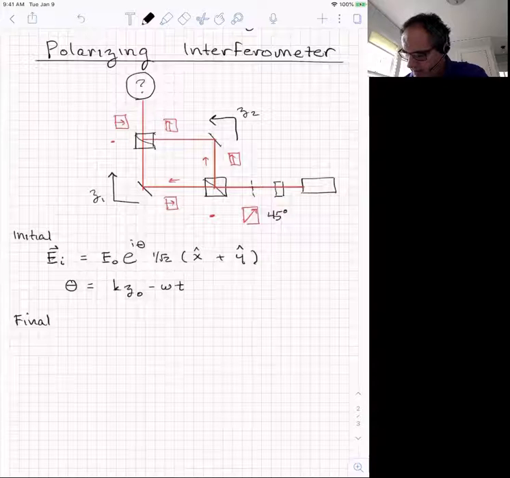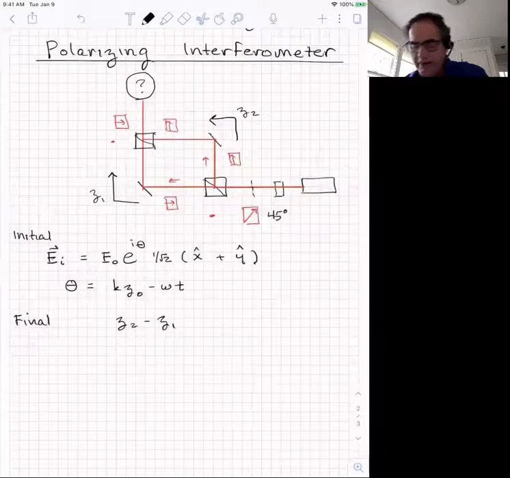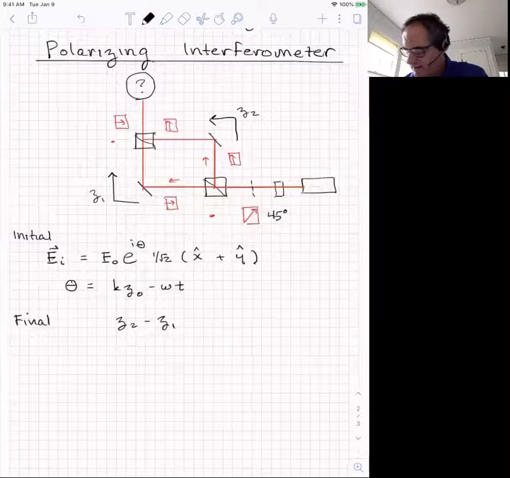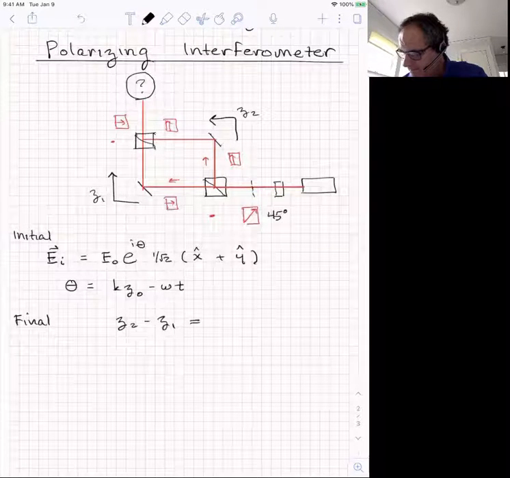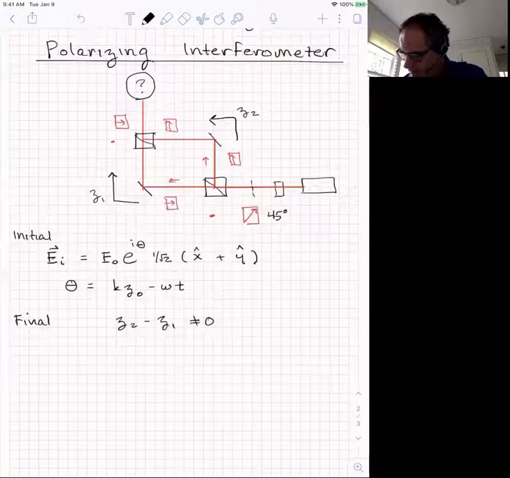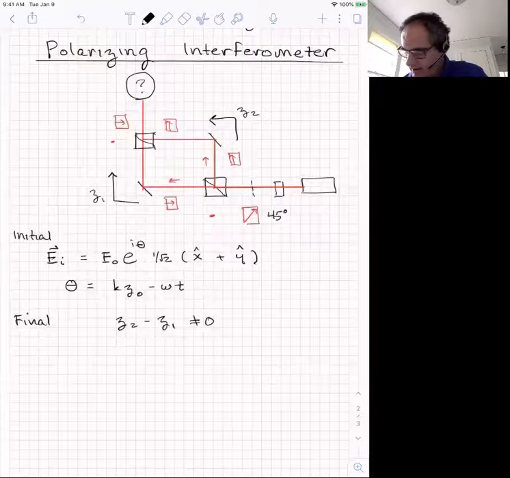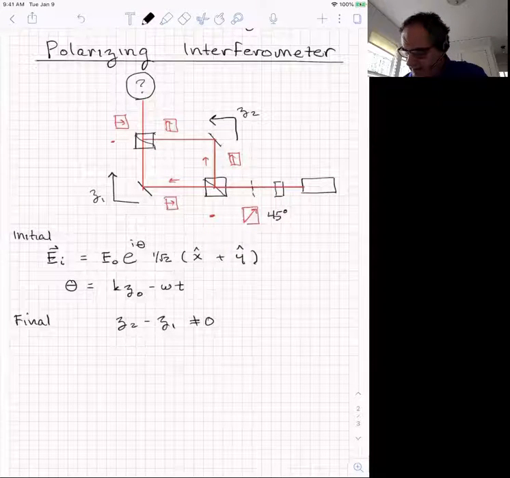So the important thing is that z2 minus z1 is not going to be 0 in general. These distances can be different. Here, if we define some new variables, we can write down our answer very easily, though.